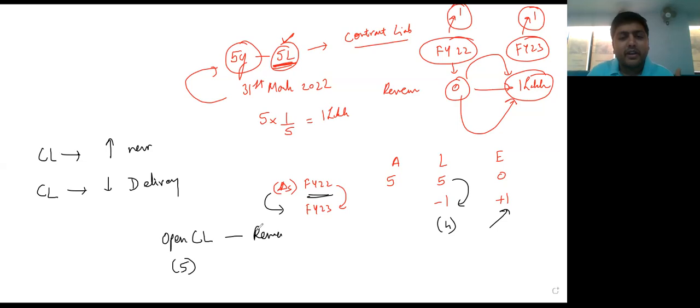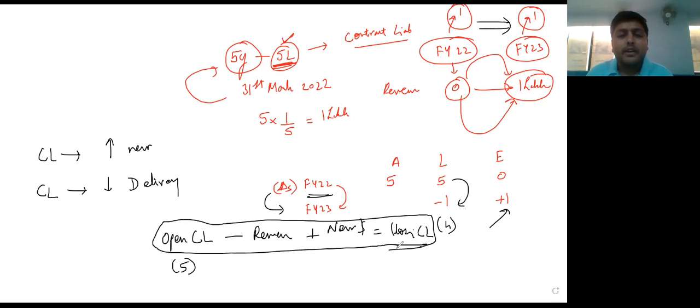So opening minus revenue became your closing. But here we were under the assumption that no clients were onboarded. If you onboard new clients, what happens? Your contractual liabilities increase. So plus new dollar value of contracts onboarded should be equal to what? Closing contractual liabilities. So this is how you typically understand it.